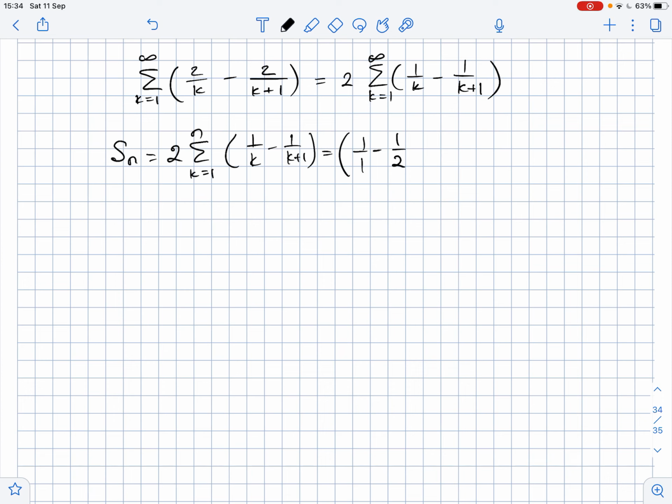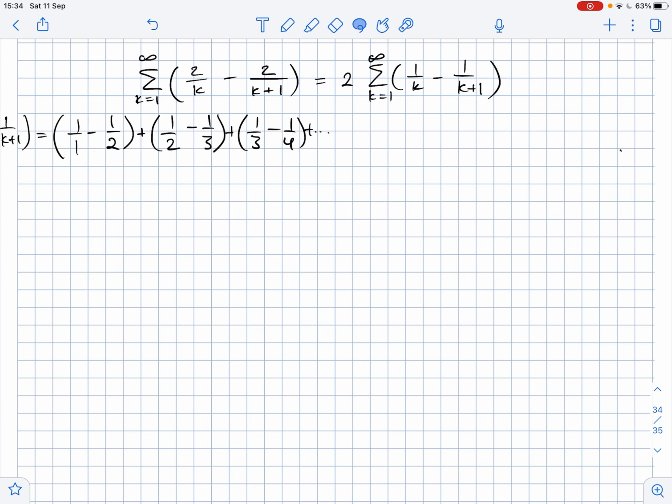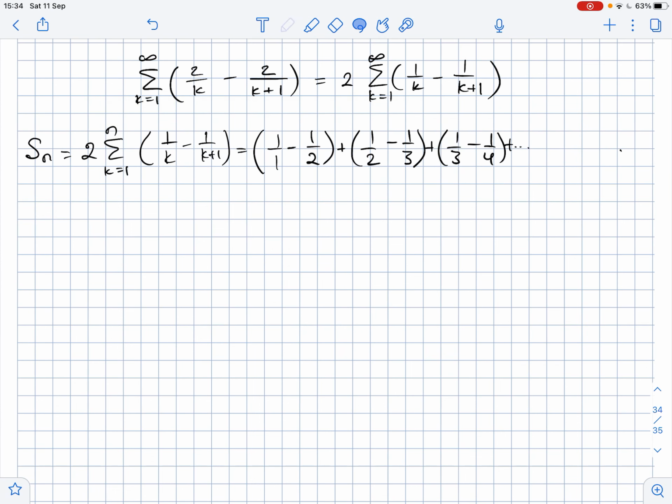Now we expand it and we get that this equals 1 over 1 minus 1 over 2 plus 1 over 2 minus 1 over 3 plus 1 over 3 minus 1 over 4, and so on until 1 over n minus 1 over n plus 1.